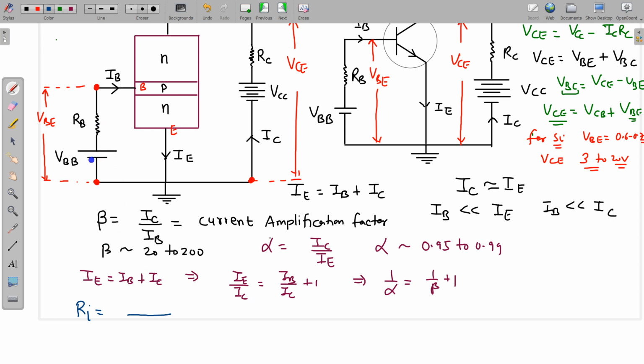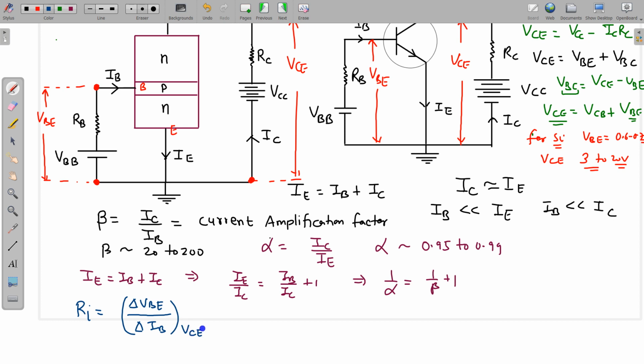So if there is a change, then what is this ratio on input side? On input side, we will take IB as input current and this VBE as input voltage. So change in input voltage VBE divided by change in the input current IB, and this is obtained for some constant parameter of output side, and on output side we are looking this for some constant VCE.